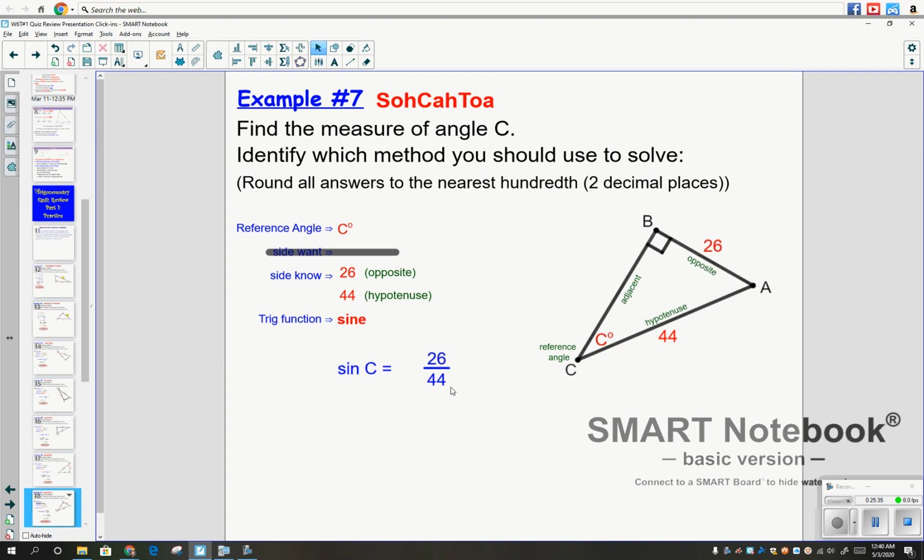What is the opposite operation? How do I get rid of sine? If I want to cancel it out, remember the opposite operation of sine is to do the inverse. If I take sine inverse of sine, they will cancel each other out, and it leaves me with just C on the left side. So C then equals sine inverse of 26 over 44.